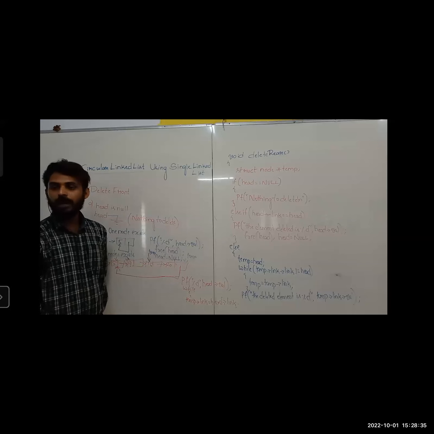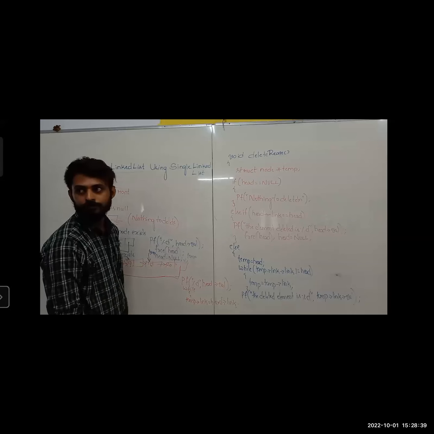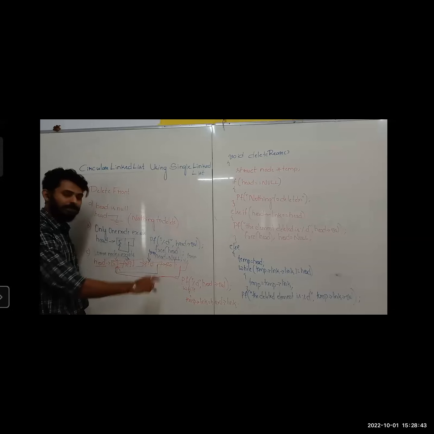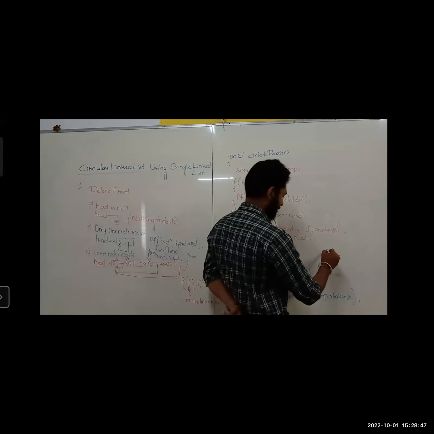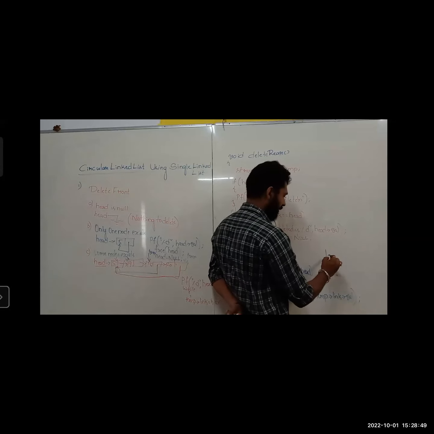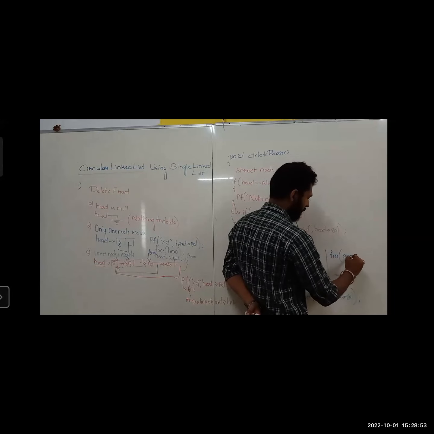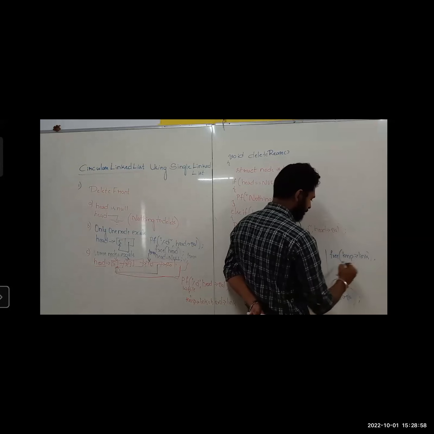Okay, after printing that much, what should I do? Temp's link points to head. Amazing, wonderful. Now how will you delete this? First I should delete that. After this one, whatever I should write, free of temp's link. Temp's link should be pointing to head, right?